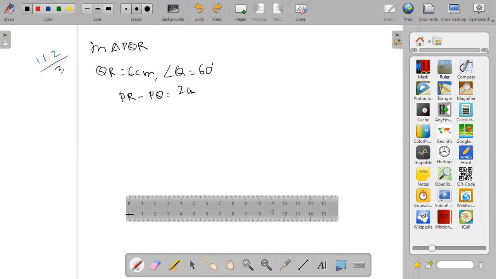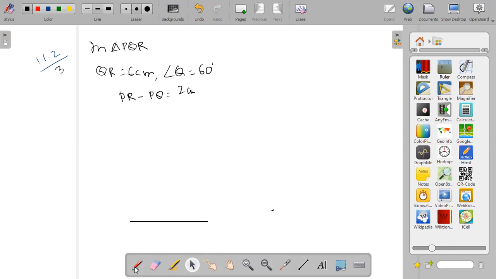It should be about 6 centimeters. This is our QR.